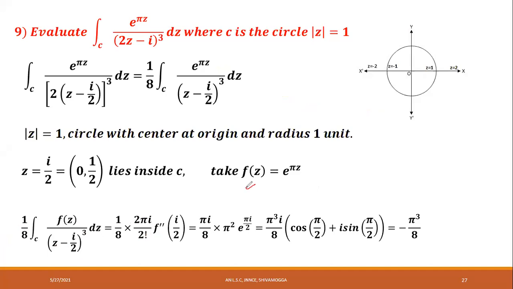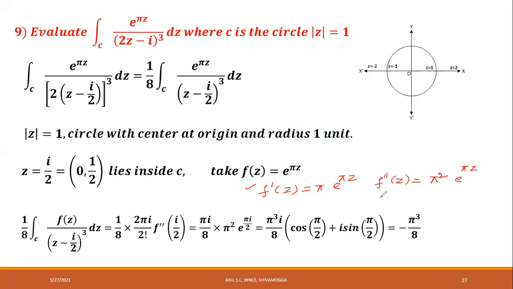What is f dash z? f dash z is the derivative of e power pi z, which is e power pi z, and the derivative of pi z is pi. Then f double dash z: here pi is constant, keep it as it is. The derivative of e power pi z is e power pi z into the derivative of pi z, which is pi; pi into pi is pi square.